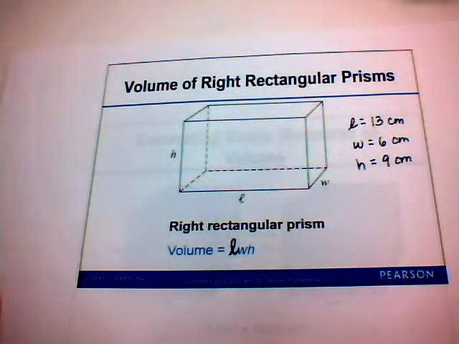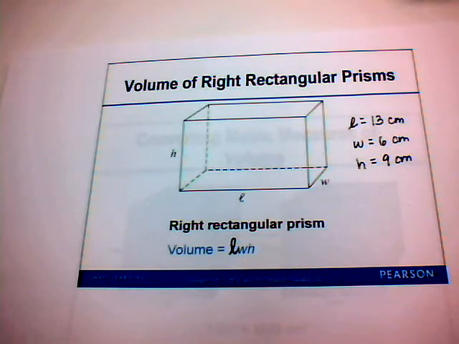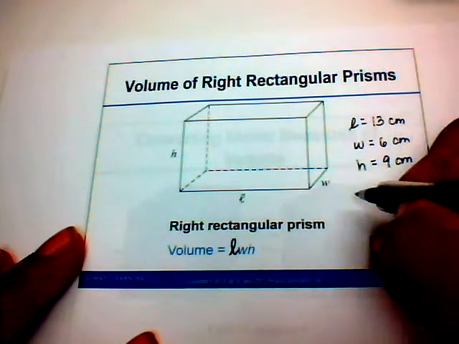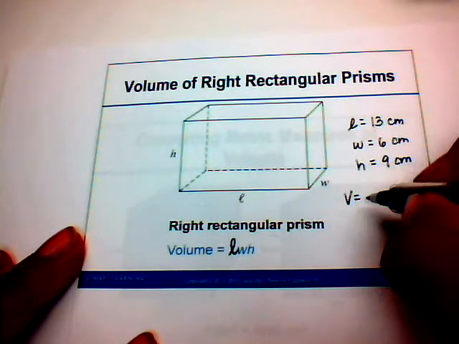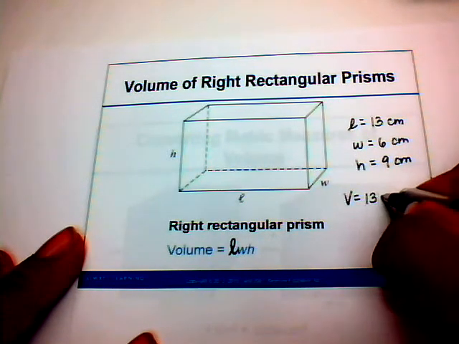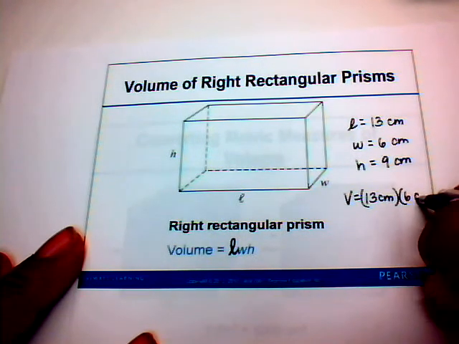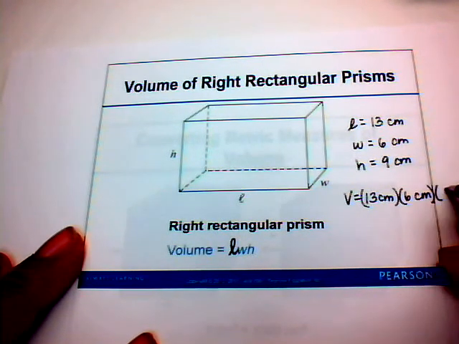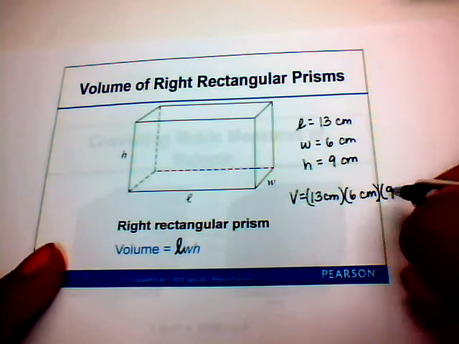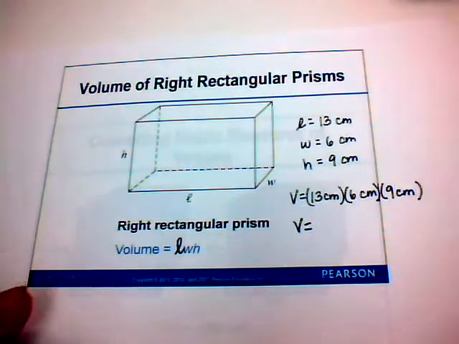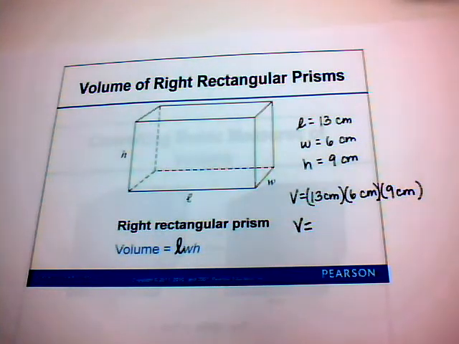And we want to find the volume of that right rectangular prism with these measurements. So here the volume is just simply going to be the length, which is 13 centimeters, times the width, which is 6 centimeters, times the height, which is 9 centimeters. So to find the volume, you just multiply 13 times 6 times 9.